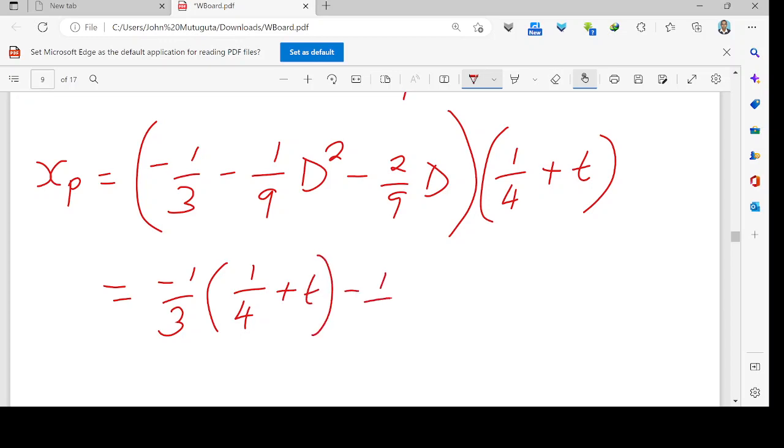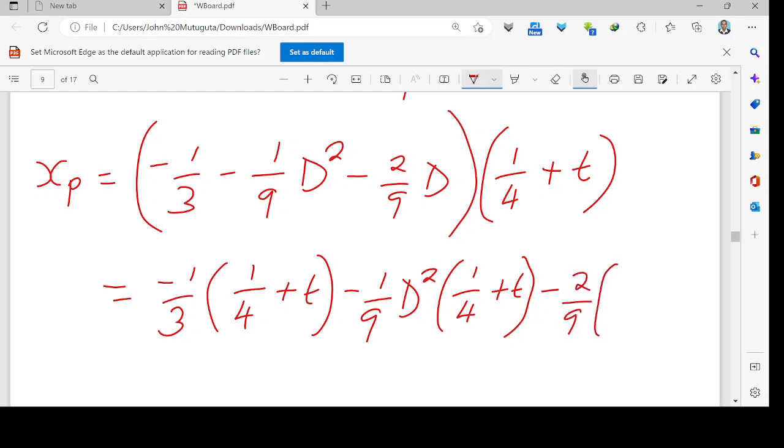Then minus 1 over 9 d squared operating on 1 over 4 plus t. Then minus 2 over 9 d operating on 1 over 4 plus t.